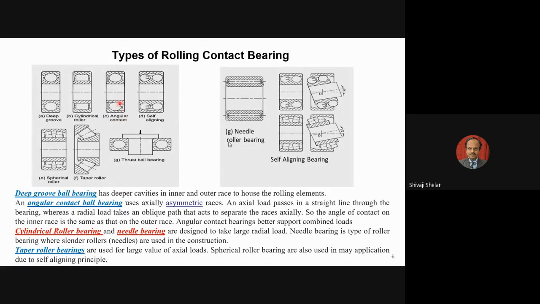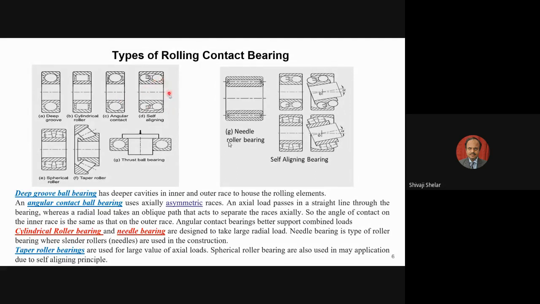A similar reaction will come from the inner race, which will have a similar direction, but opposite to this angular direction. So these angular contact bearings need to be manufactured with precision. When you place these spherical balls here, the directions of these angular reactions should be co-directional and they should oppose each other.